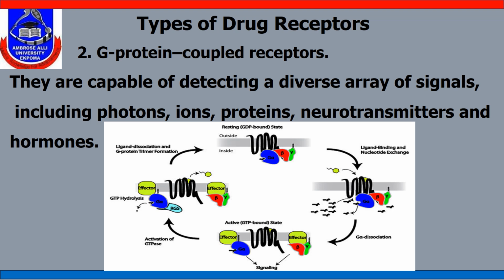G proteins are capable of detecting a diverse array of signals, including photons, ions, proteins, neurotransmitters, and hormones. The diagram you see here is activation or activity of the G proteins. You can see more of this in the reference text.